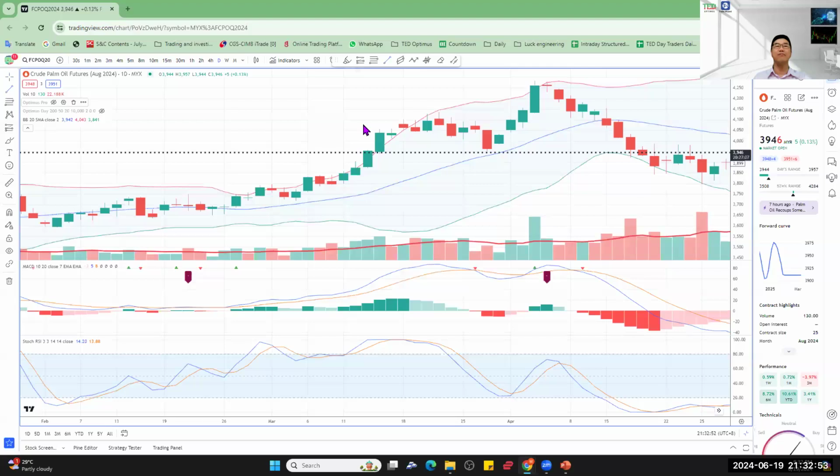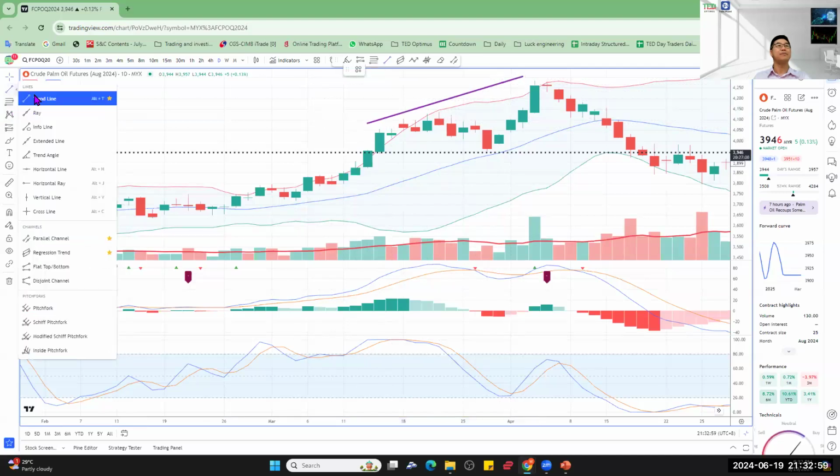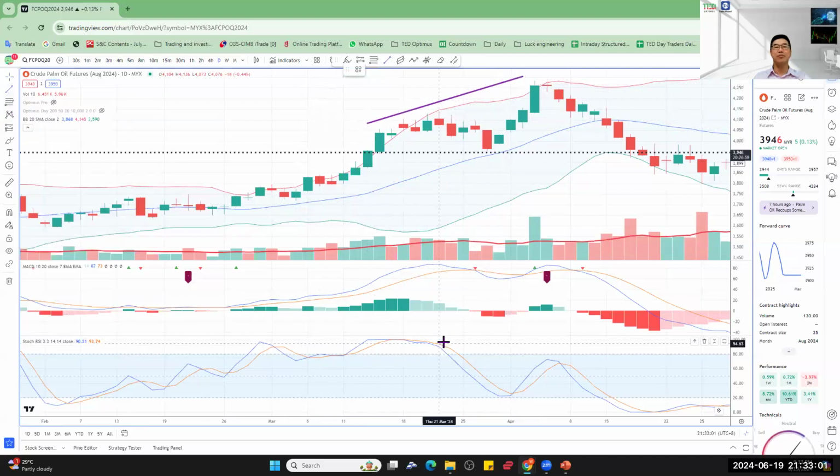This is called divergence. When the price is moving up, the problem is this one is moving down. You see or not? Despite the fact that the price is higher, this is lower.